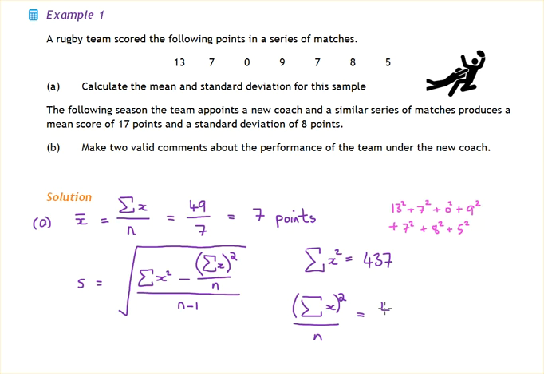So it's 49 squared, remember this squaring here, divided by 7. In this case giving us 343. And these two values will always be relatively close together. Not always significantly, but generally relatively close together. If you get something that's 100 times bigger, then you've probably forgotten to do some part of the calculation.